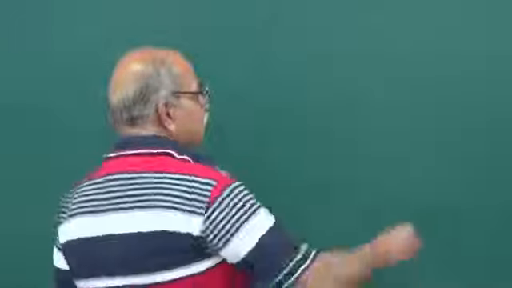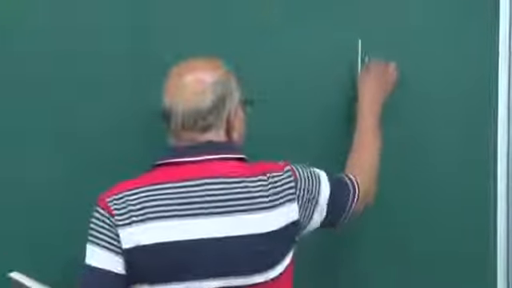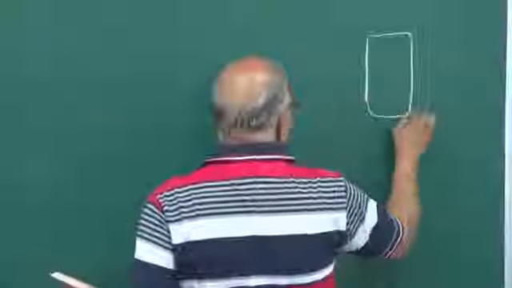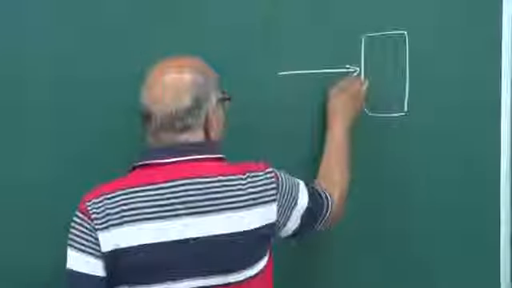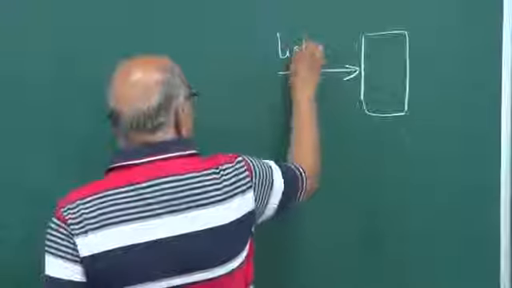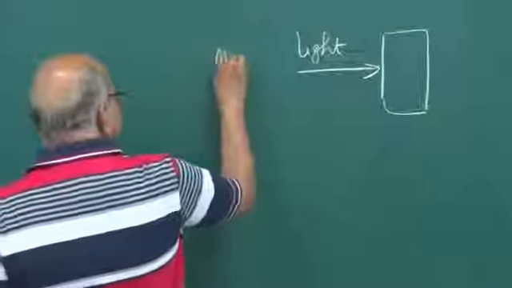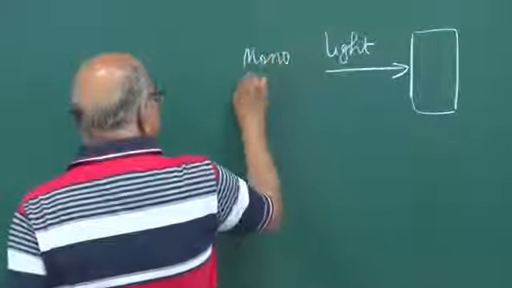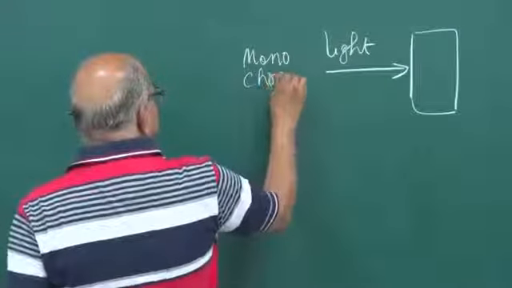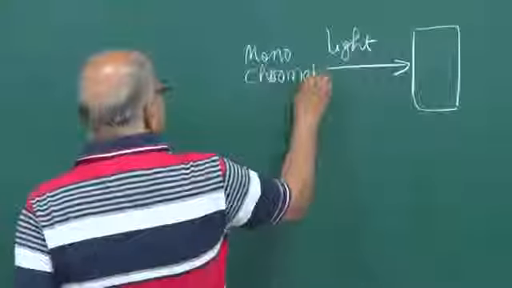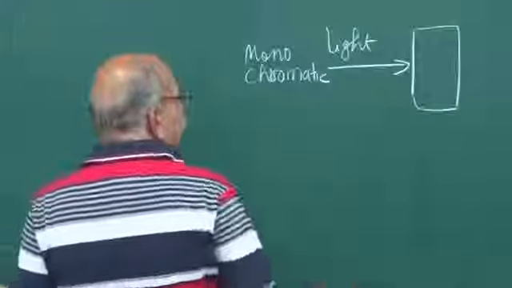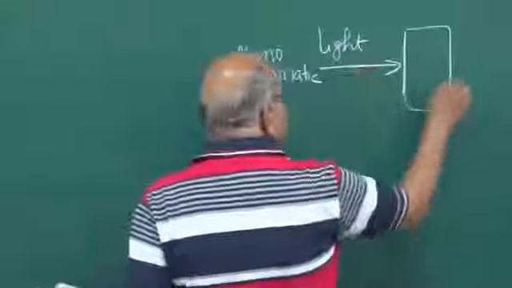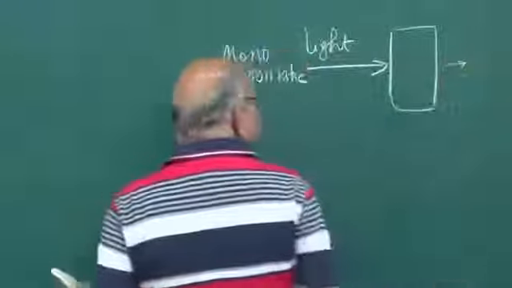The first one is that if you have a semiconductor and allow monochromatic light to fall, then how much of it is absorbed and how much it is transmitted.